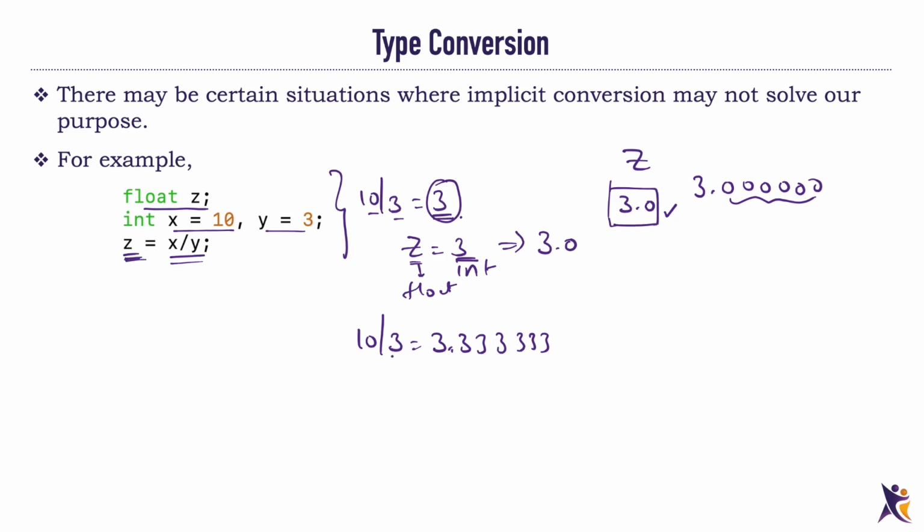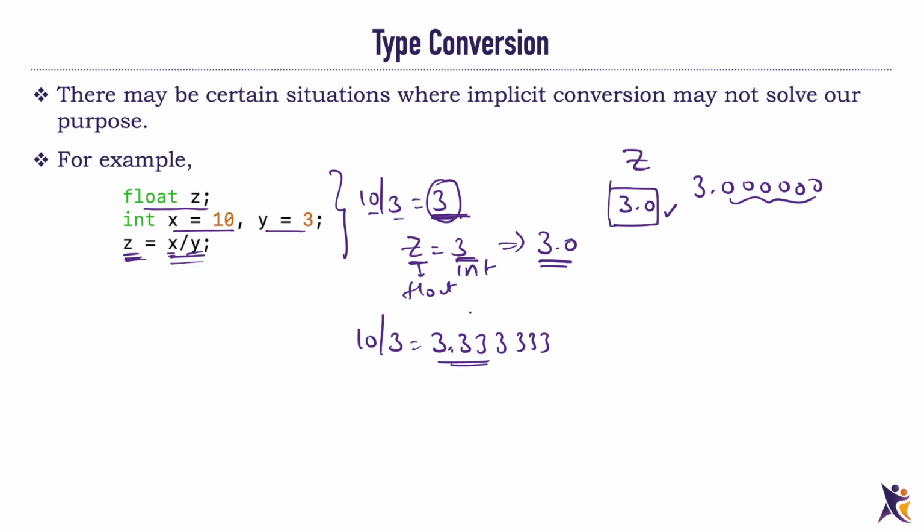That is what should happen. But since these two values x and y are integers, it has yielded only the integer value, and the integer value is stored in the floating point number. So an implicit conversion during assignment happens, and 3.0 is stored instead of 3.33, right?